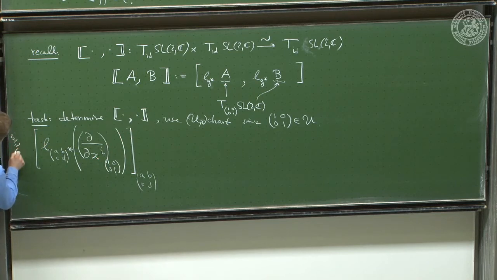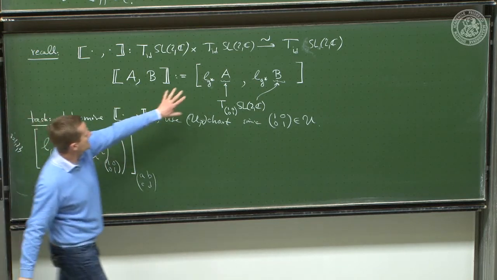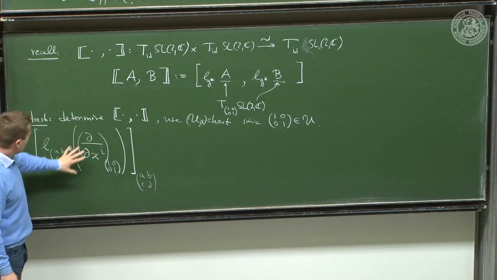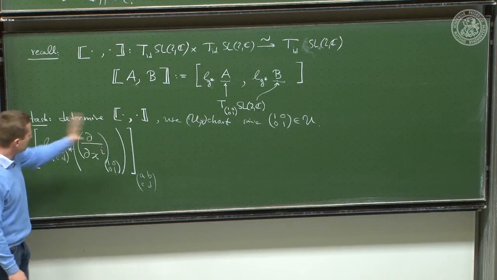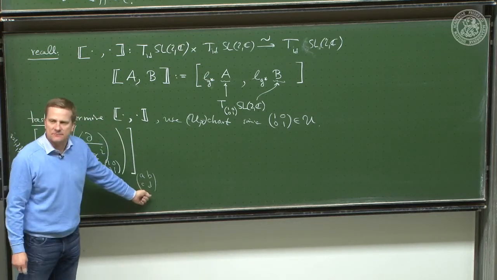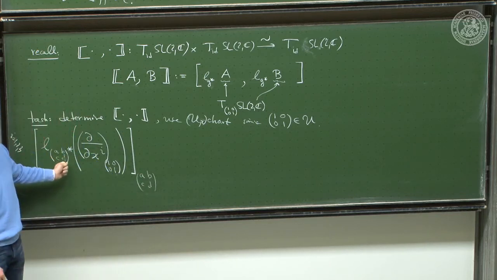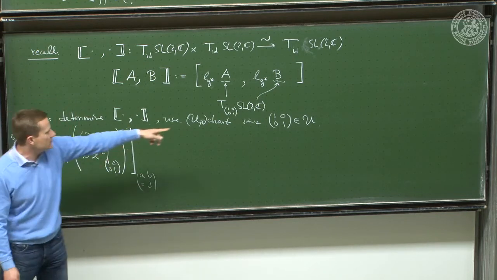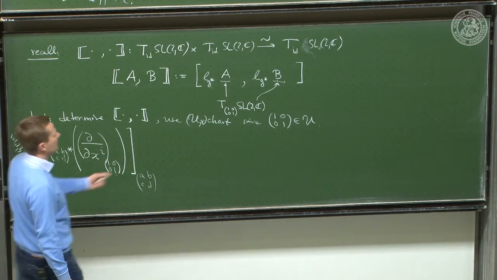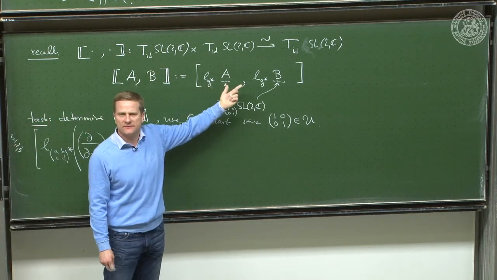I take this at the identity and push it forward to get a tangent vector at that point. I can do this for any point A, B, C, D in U, and from this one vector I construct the entire left invariant vector field, because we checked that this construction yields a left invariant vector field.